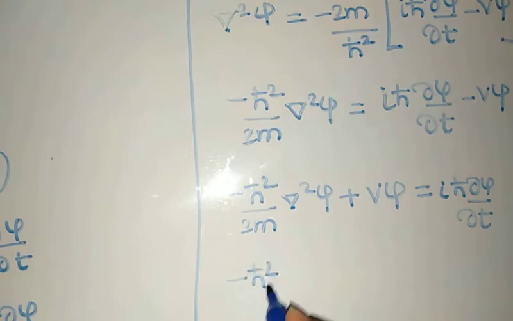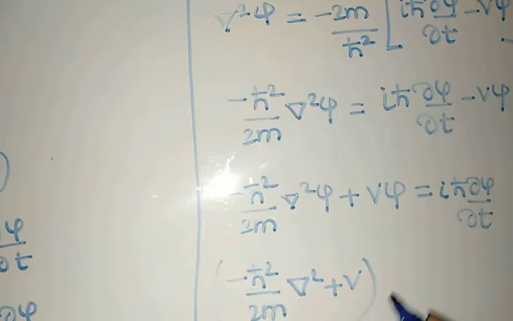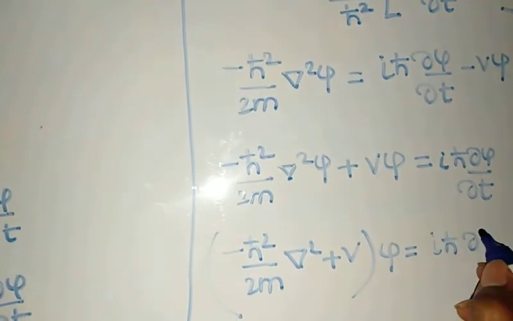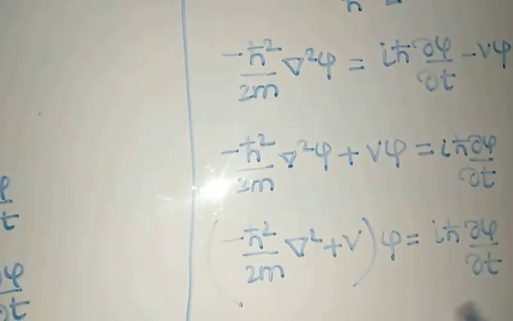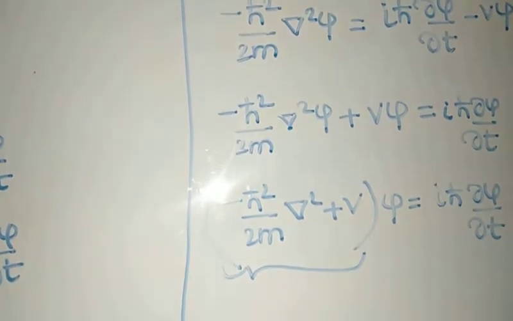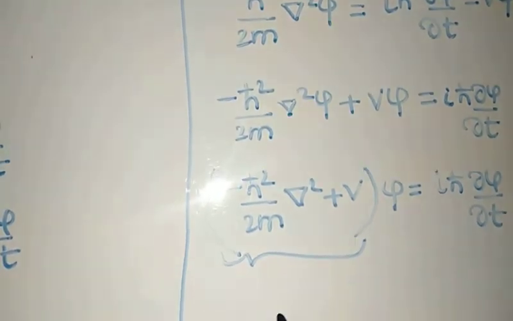Yes, more convenient. Minus h cut square upon 2m del square plus V, acting on psi, is equal to i h cut deva psi upon deva t, and this is what is called the Hamiltonian operator.